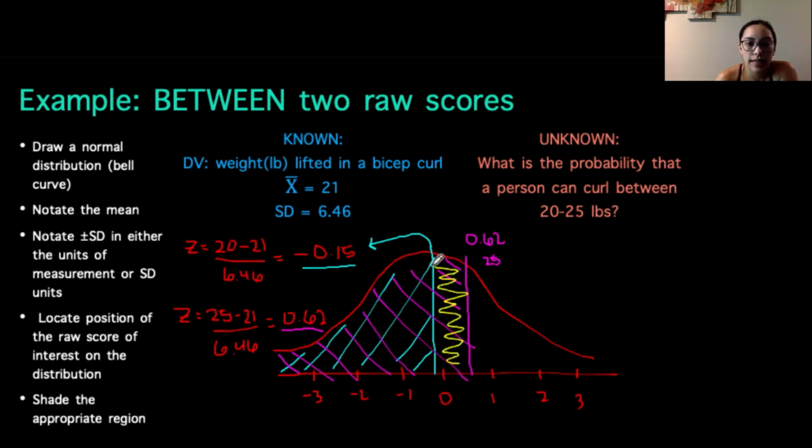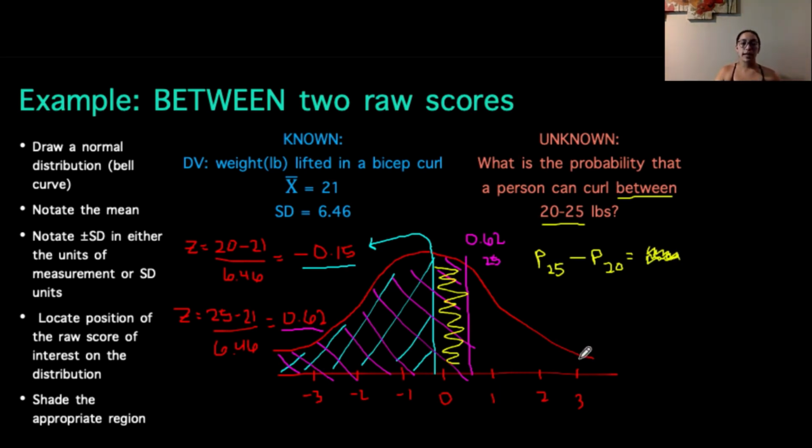Okay, and this yellow region is going to be the probability between 20 and 25 pounds. So you take the probability at 25 minus the probability at 20, and you end up with the probability between 20 and 25, which is my yellow shaded region.